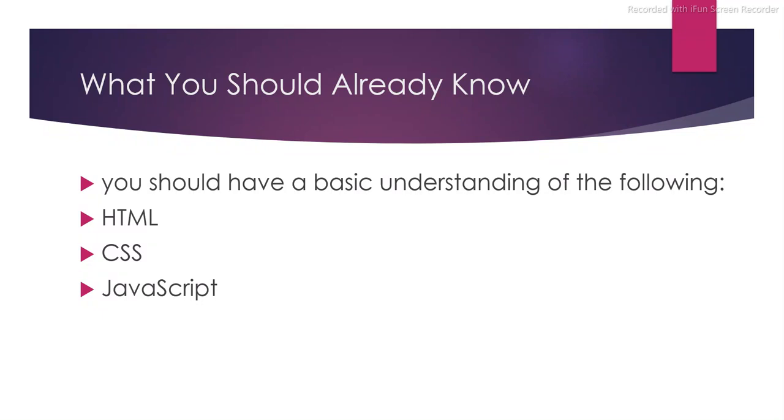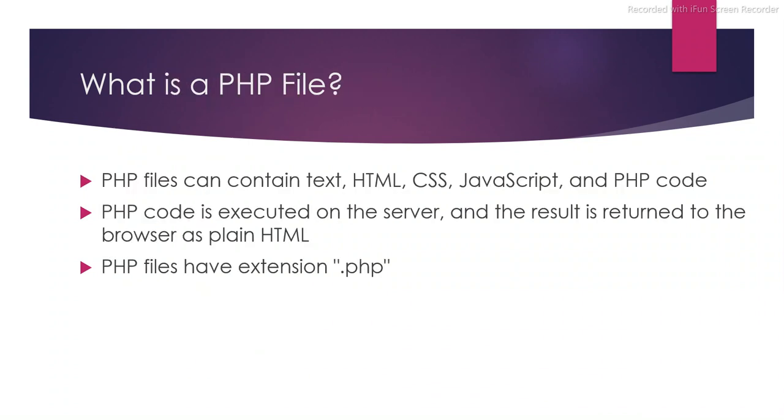What are the things you should know if you want to learn PHP? As I already told you, PHP is for web development, used on the server side for scripting. For this you should have knowledge of HTML, CSS and JavaScript. Then only you can move on to PHP. Then what is a PHP file? What does it consist of? PHP files contain text, HTML, CSS, JavaScript, and also the PHP code.